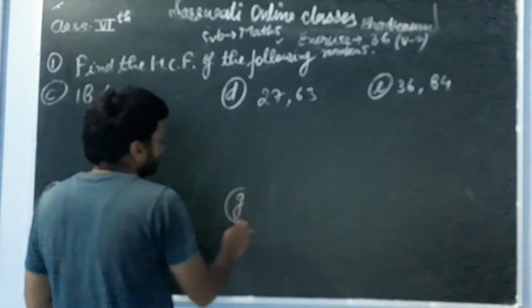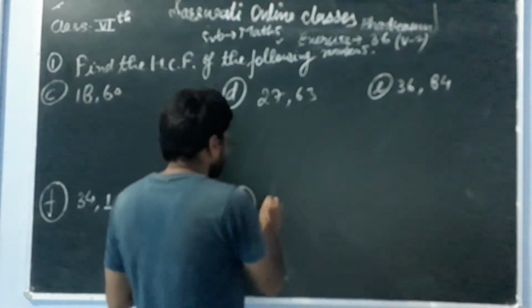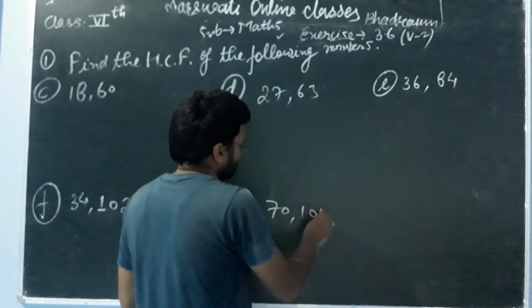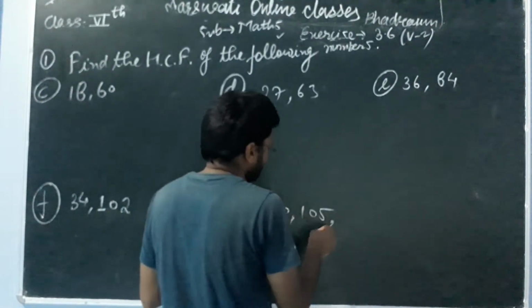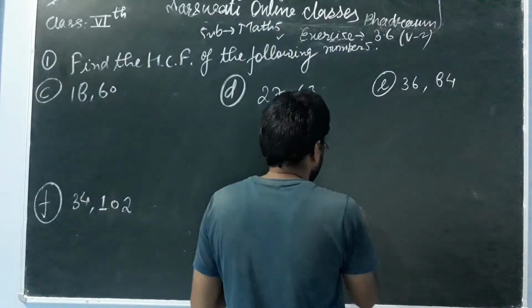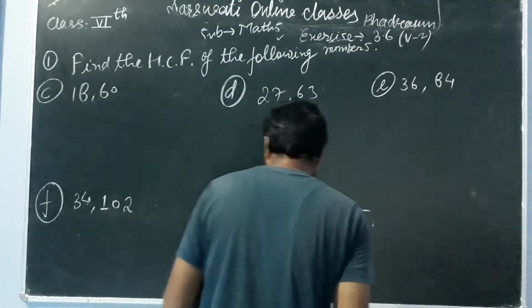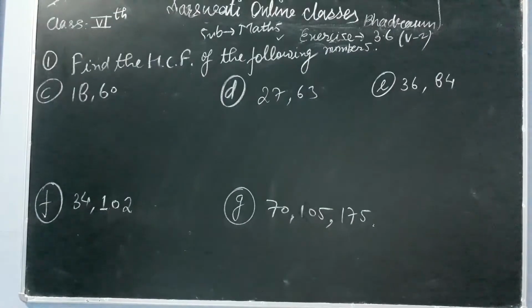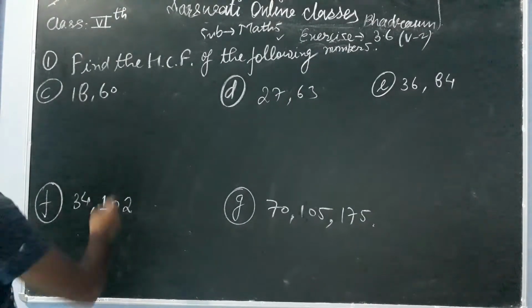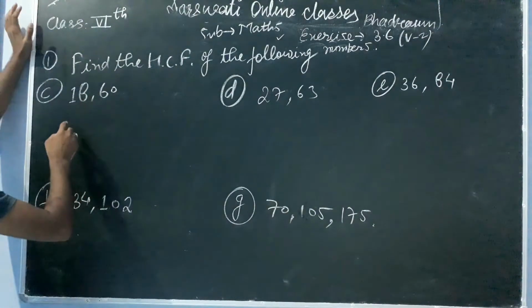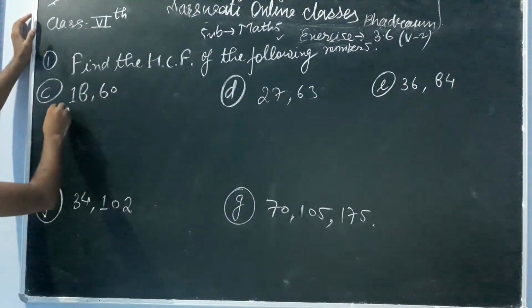Part G is 70, 105 and 175. Okay. So what we will do is we will start with our part A, which is 18 and 60.